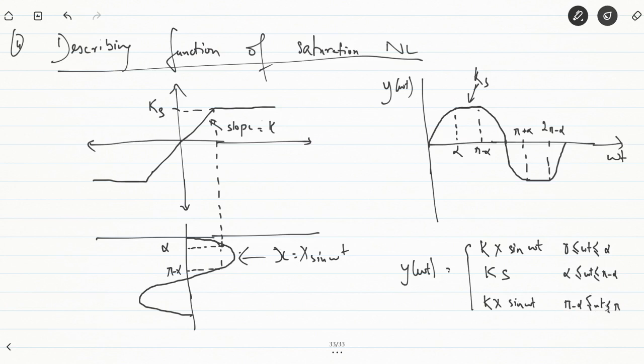So this will be our output. For this case, again, this is an odd function. Sinusoidal function is always an odd function. Now there will actually be two cases in this case.